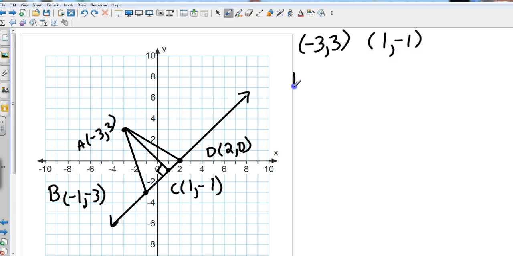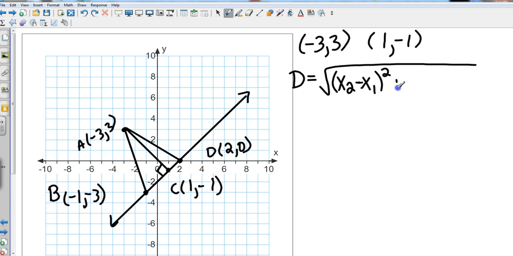And so now we need to recall our distance formula. Distance is the square root of x2 minus x1 squared plus y2 minus y1 squared.